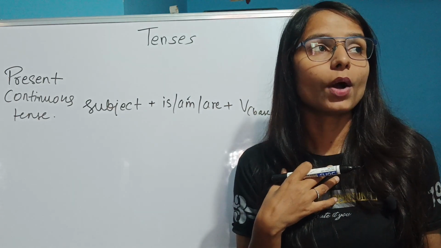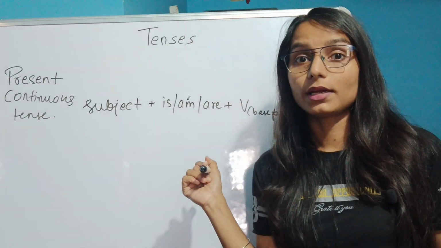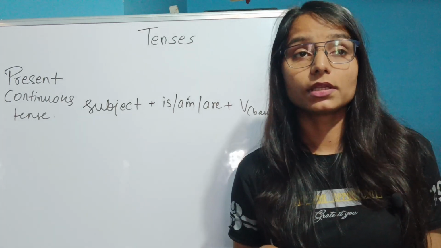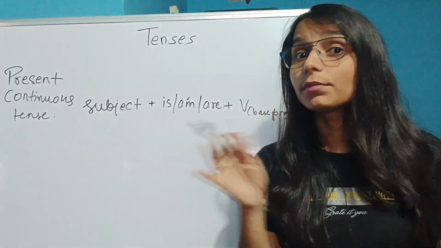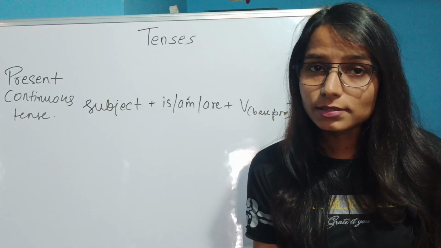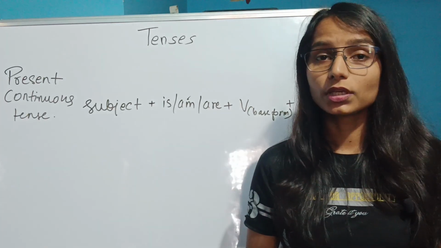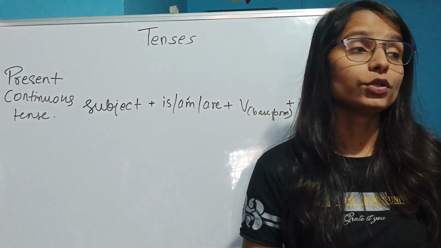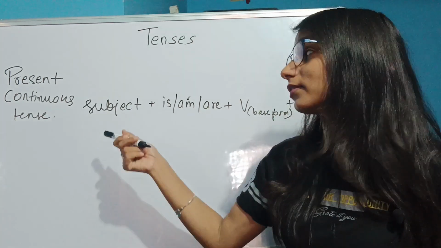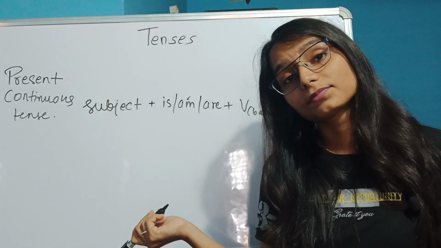Like right now I am making the videos, but in my native language I would say मैं video बना रही हूँ, but it doesn't mean that I'm not doing anything else. I'm sleeping, I'm having my food, I'm taking tuitions, I do my college, I do a lot of things. But this situation hasn't completed yet.